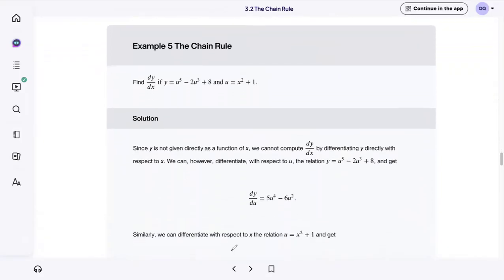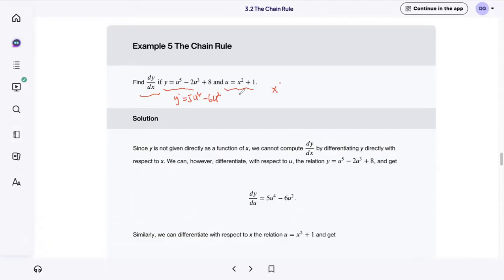Okay, let's see this one. We want to find the rate of change of y in terms of x, not in terms of u. But we see y is a function of u, and u is a function of x. So all we need is to find y prime of u, which will get 5u raised to 4 minus 6u squared. And then x, oh, hold on.